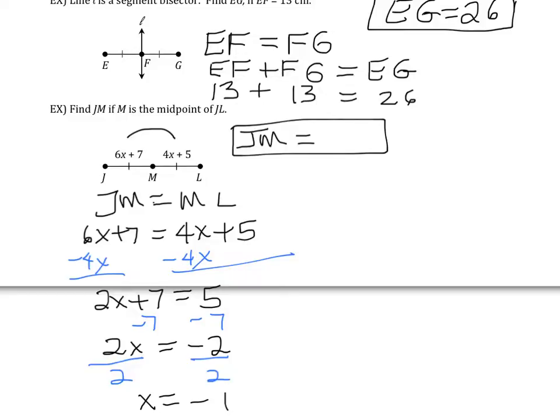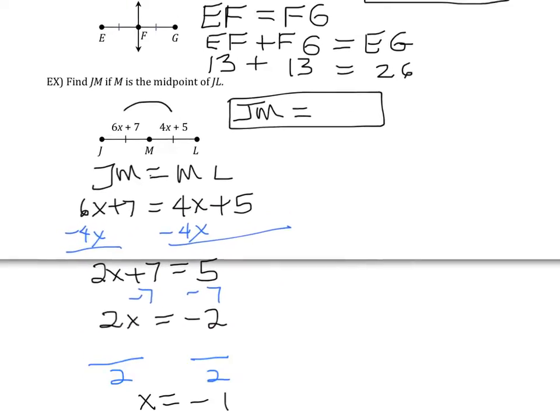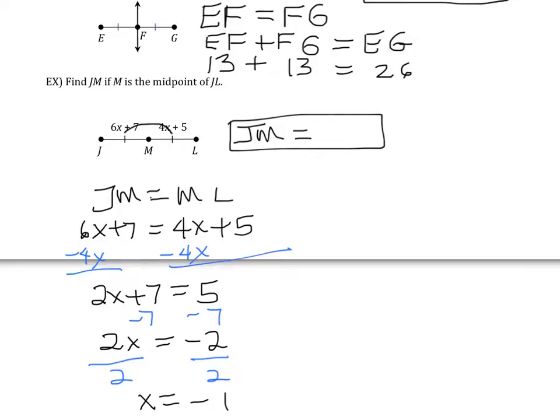We're not quite finished. There's a very common mistake. People will stop right there. You want to make sure you substitute that value of x back into your expression for JM.